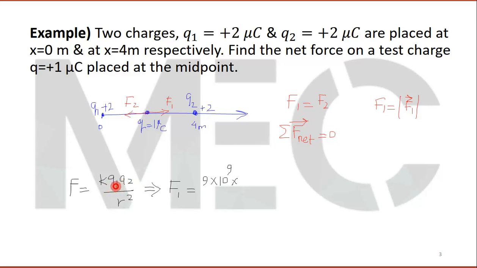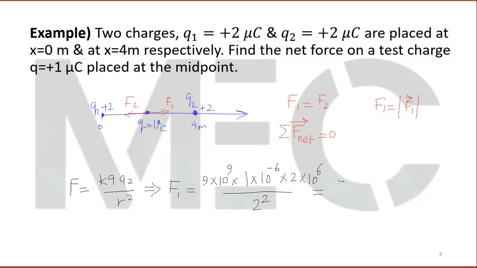So for the force F1 and F2, it is Q times Q2 or Q times Q1. So 1 microcoulomb times 2 microcoulomb over the distance, which is 2 meters. So 2 is squared.